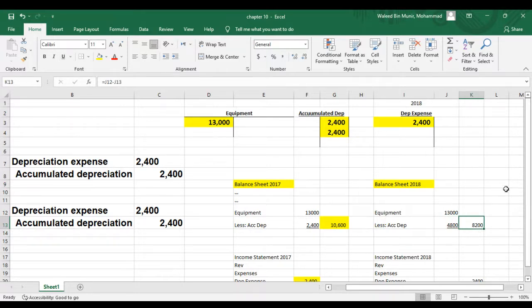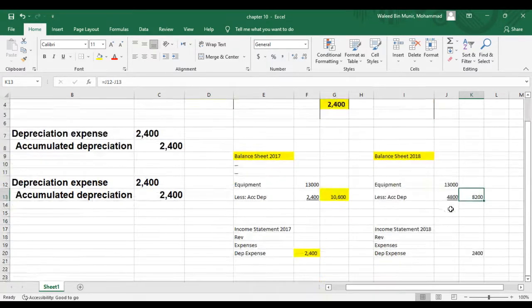Similarly you continue for 2019, 2020, 2021, but depreciation expense you can see here is the same every year. In the income statement it stays the same 2,400 because of straight line depreciation. Okay, is it clear? Any question on this slide or this Excel sheet?